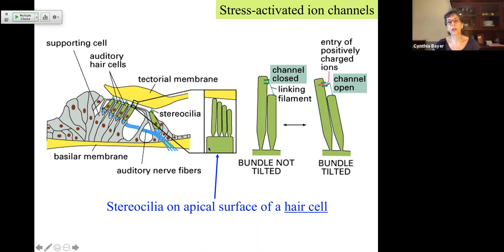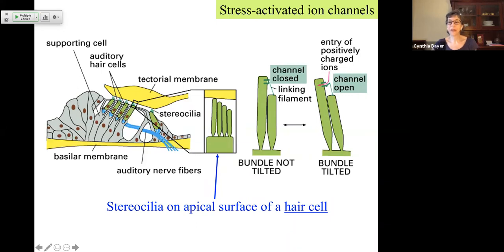These are projections of the plasma membrane extending on this apical or sort of top tip of these hair cells that are in contact with the tectorial membrane above. When the pressure waves move the basilar membrane, the hair cell is pushed up against the tectorial membrane. This bundle of staggered stereocilia will tilt.